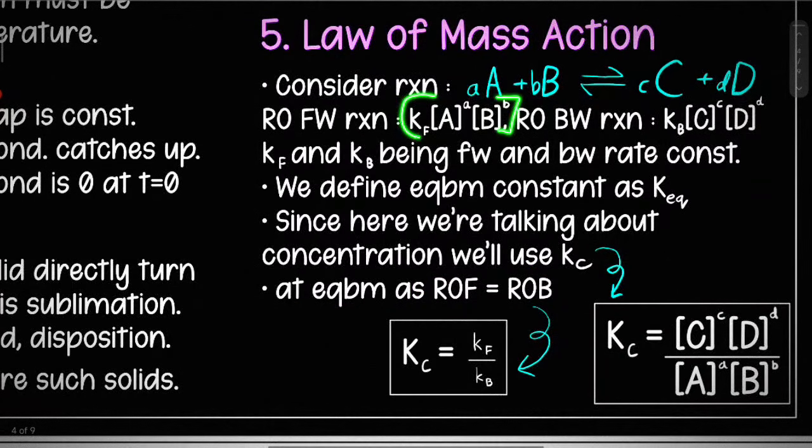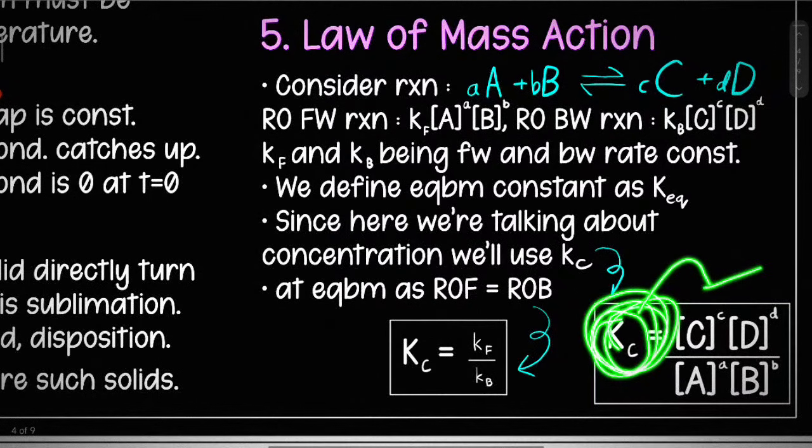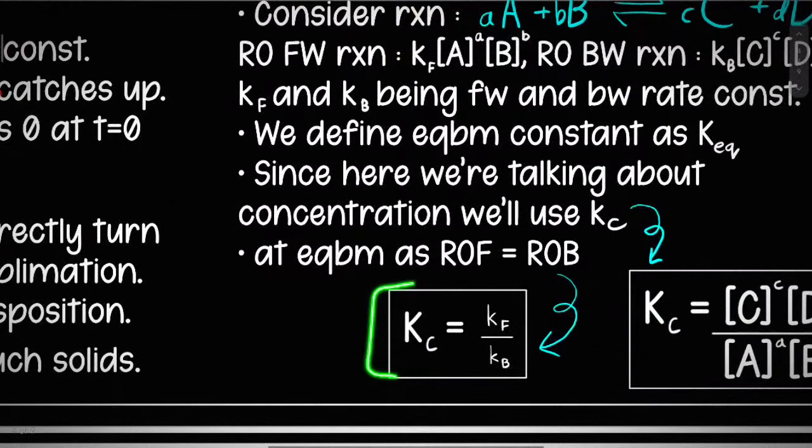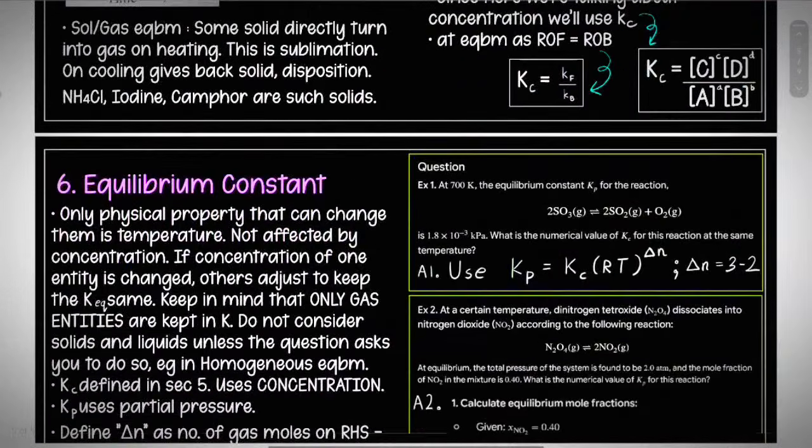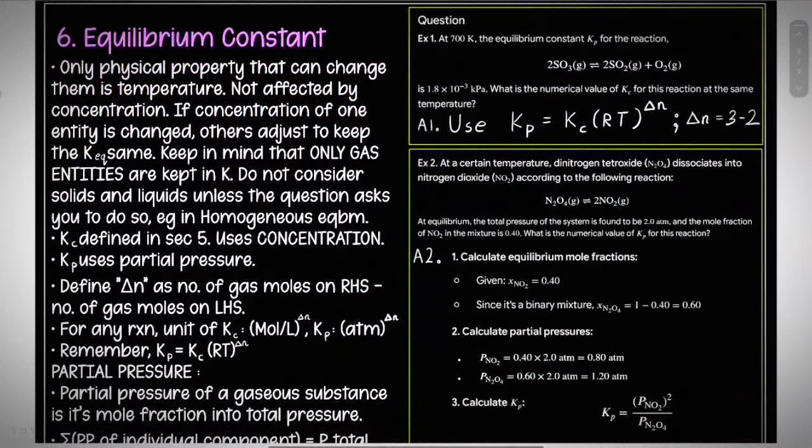So if you set these quantities equal to each other, you get that this expression, the product of the products raised to their individual stoichiometric coefficients divided by the reactants expressed in the same way, is known as the equilibrium constant, or the concentration equilibrium constant, Kc. And this is another expression: if you have been given the rate constants of the forward and backward reactions, you can use this formula to find the Kc as well.